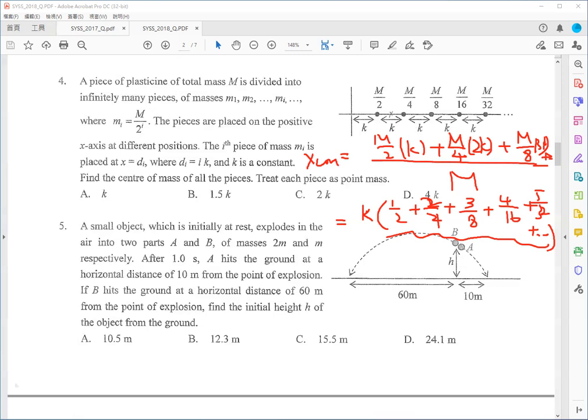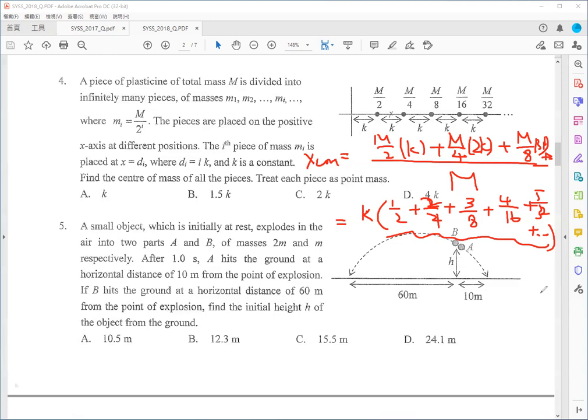So even if you don't know how to solve this series, you know the later terms will be smaller, smaller, and smaller. So what you can do is just use your calculator. You press 1 divided by 2 plus 2 divided by 4 plus 3 divided by 8 plus 4 divided by 16 plus 5 divided by 32 and try to get as many terms as you can.